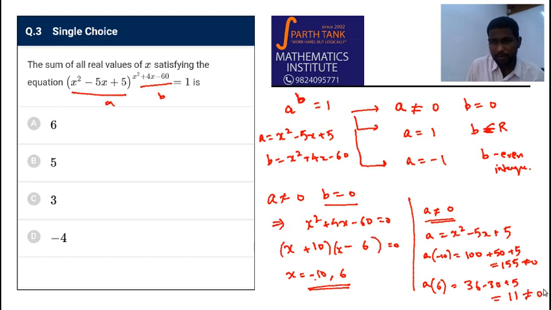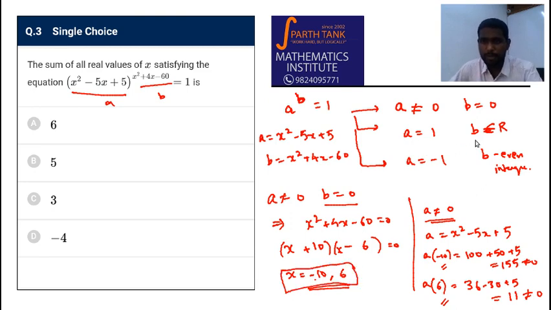It is also not 0. Right? So minus 10 and 6 are valid values for x. So keep these two numbers. Let us go to the second case.